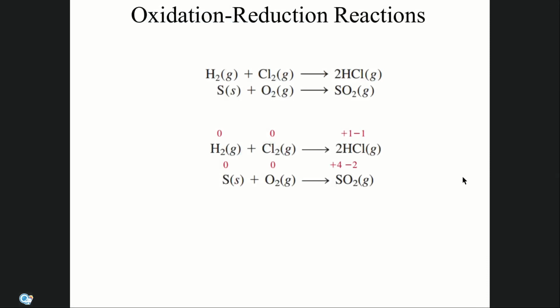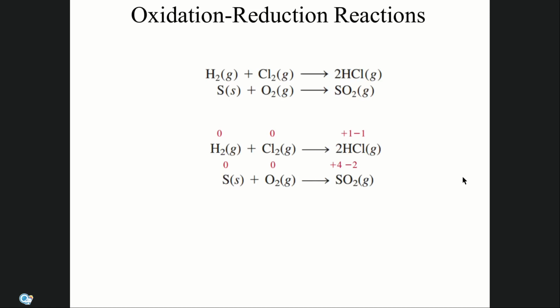The definitions of oxidation and reduction in terms of loss and gain of electrons apply to the formation of ionic compounds such as magnesium oxide and the reduction of copper ions by zinc.